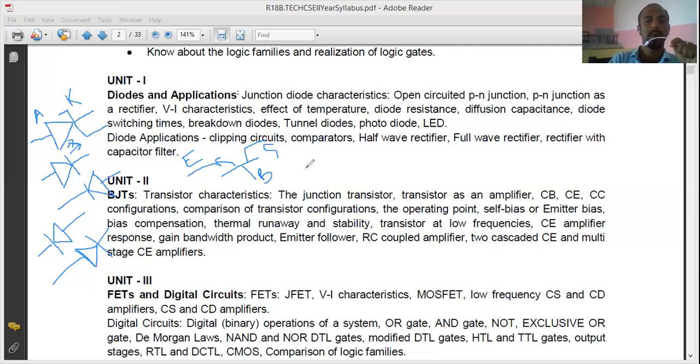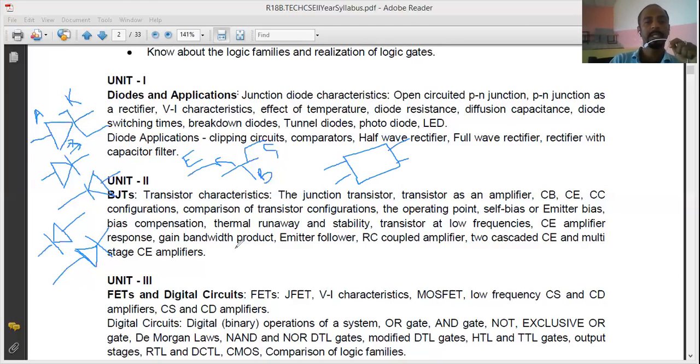All right. Now, when I represent any system, when I want to apply input, I should have 2 points for connecting the input, and 2 points to take out the output. So if I want to use a transistor and connect the input, I require 4 terminals, right?